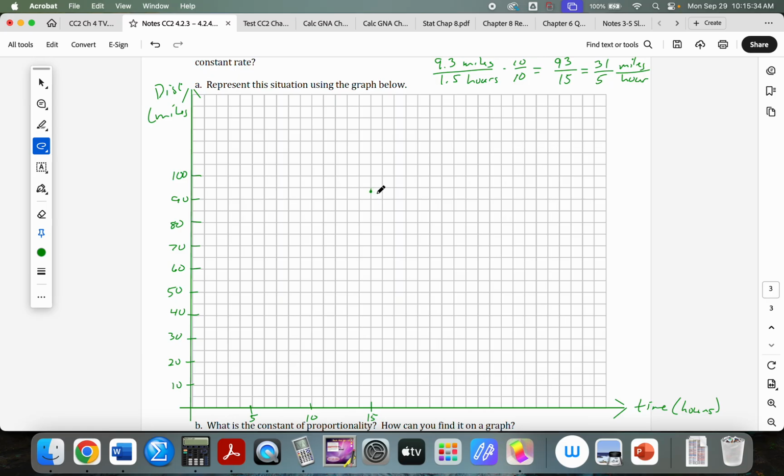So about there. We also figured out that at 31 miles for 5 hours, so 5 hours, 31, right about there.